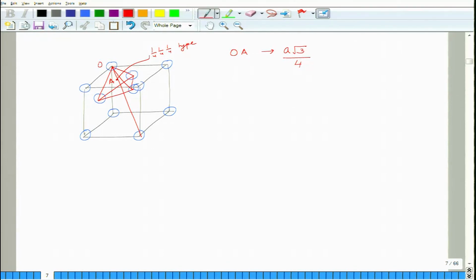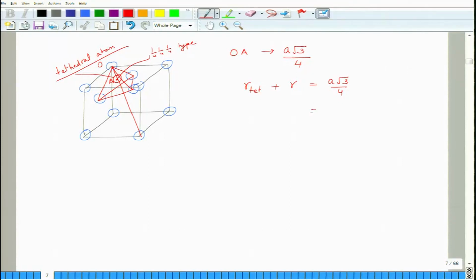So if you have an atom here which is a small atom, a tetrahedral atom, which does not distort the tetrahedra, it just sits in there snugly without distorting the tetrahedra, then R of tetrahedral atom plus R of host is equal to A root 3 divided by 4.